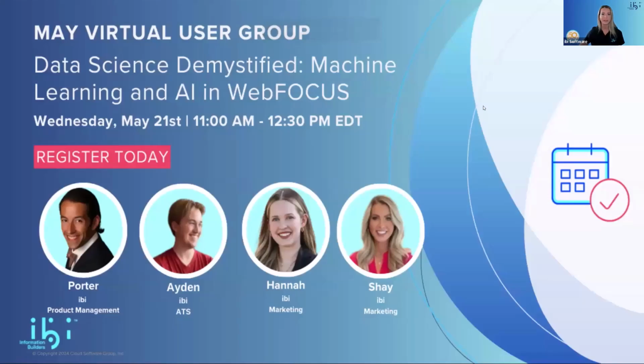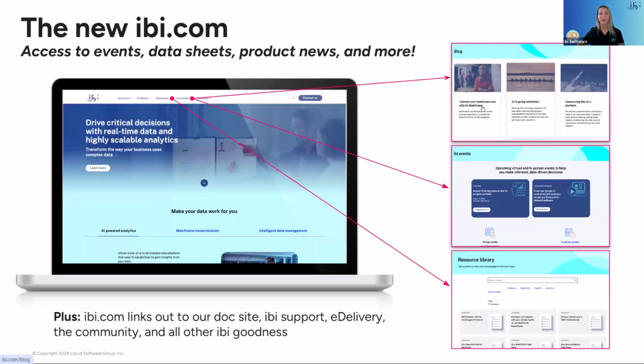So with that, I do have a couple of things to share with you guys. As usual, some customer resources that are available that we just want to keep at the forefront of your mind. Let me share my screen here. All right. So let's dive into what those are. The new IBI.com. If you guys still have not been out to our new website, I highly encourage you to venture out there, take a look around.